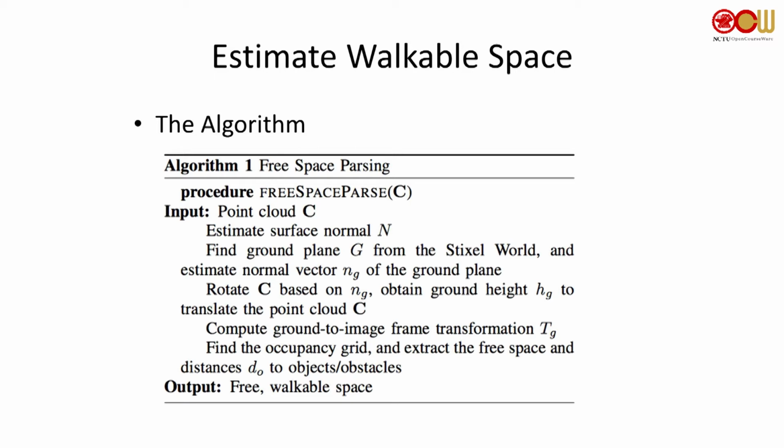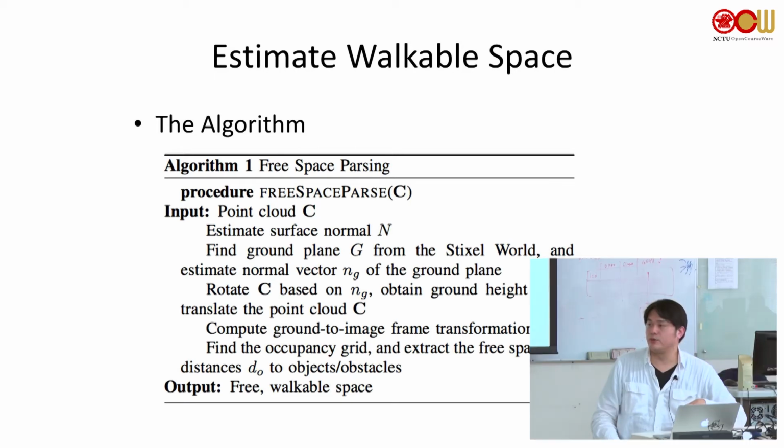Okay, so the input is a point cloud from your RGBD camera. And first of all, you estimate the surface normal. And you find the ground plane, G, from the Stixel world. The Stixel world is an assumption that the indoor environment is either horizontal or vertical.